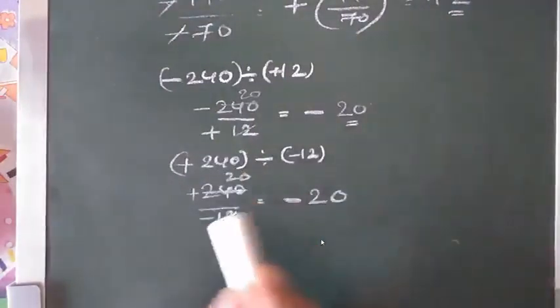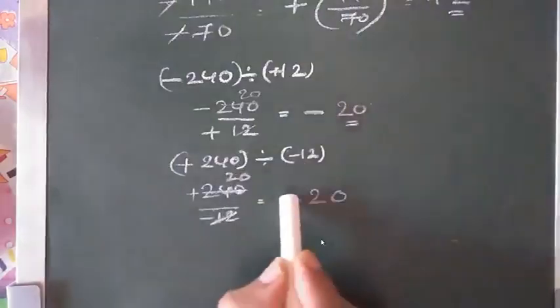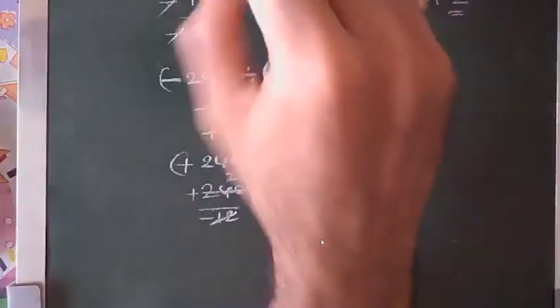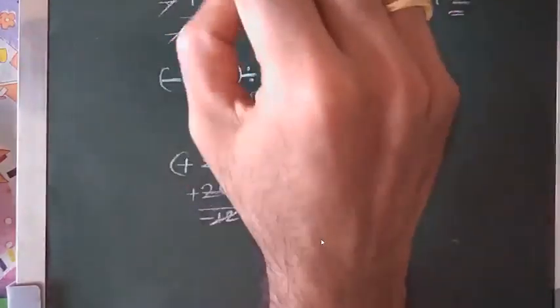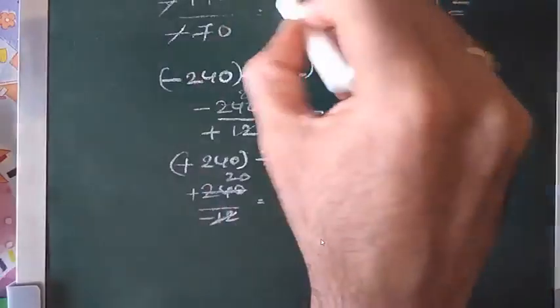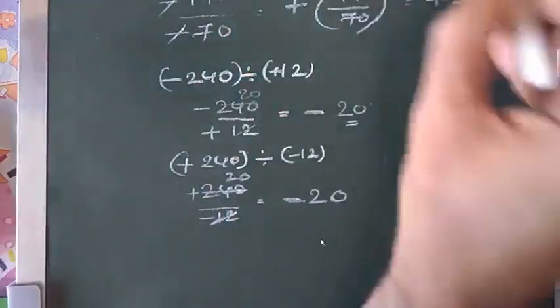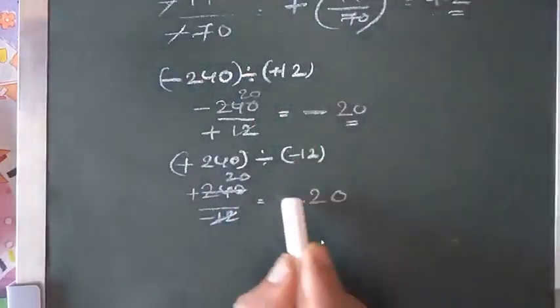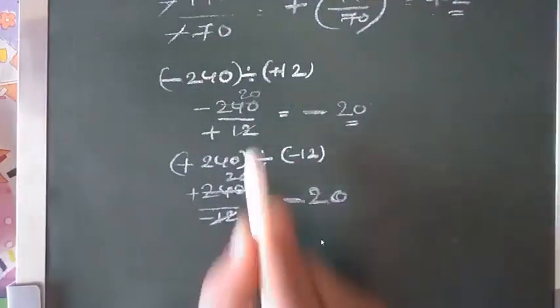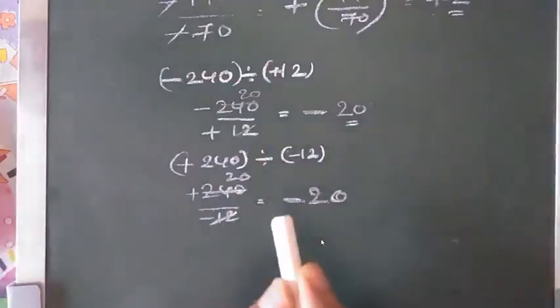If the dividend and divisor are of different signs, you will always get a negative sign. If they are of the same sign, plus or minus, you will always get a plus sign in the answer. So this is plus 2, this is also plus 2, but here you are getting a minus sign.